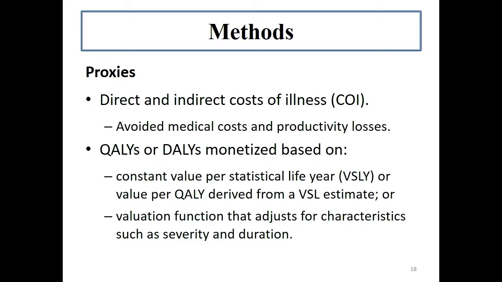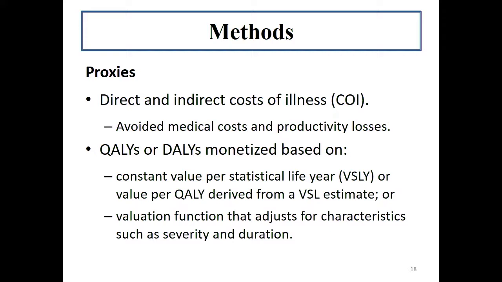One is to simply estimate the averted medical costs and lost productivity associated with the health effect. Those costs may be beyond the cost of illness. It may include other sorts of costs associated with reducing whatever the health effect is, or QALYs and DALYs monetized based on a constant. There's a lot of question, though, about two pieces of this.